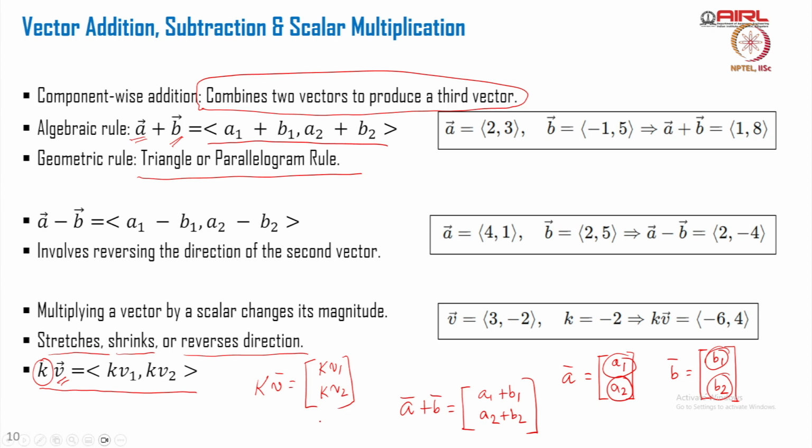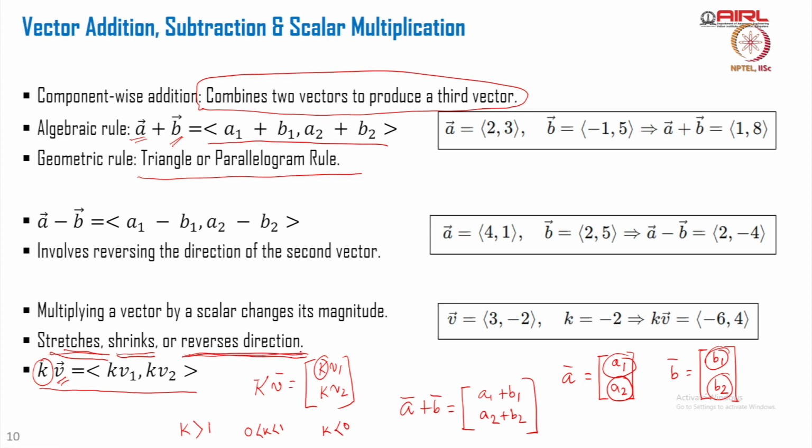Now when this scalar k is greater than 1, then the vector is stretched. If k is between 0 and 1, then the vector shrinks, and if k is negative, then there is a change in direction.